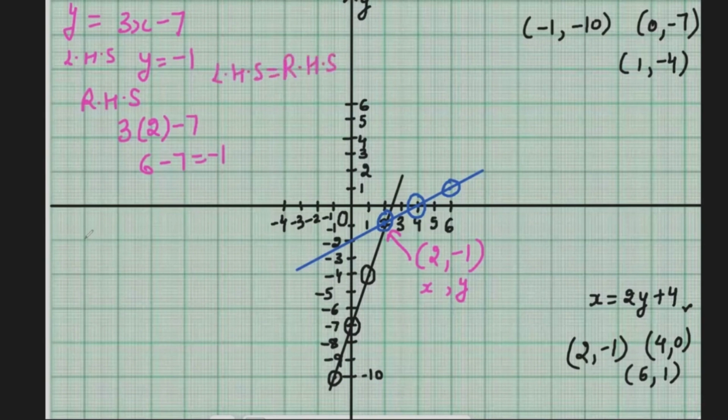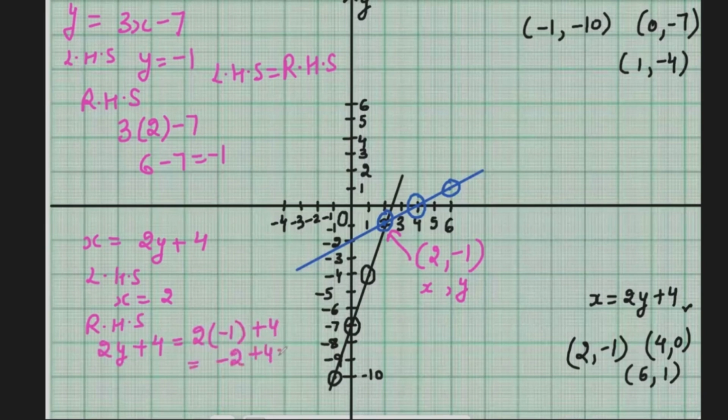Similarly, we'll take the next equation, which is x equals 2y plus 4. So the left hand side is x equals 2, and the right hand side is 2y plus 4, which is equal to 2 into negative 1 plus 4, which is negative 2 plus 4, which is equal to 2.